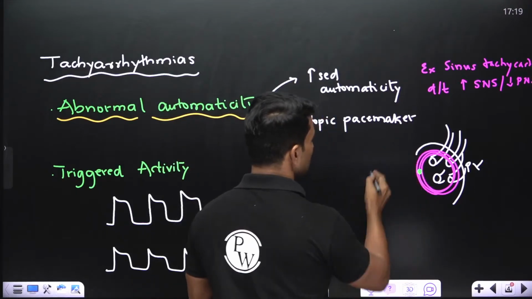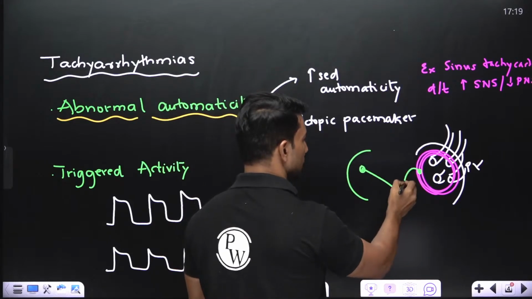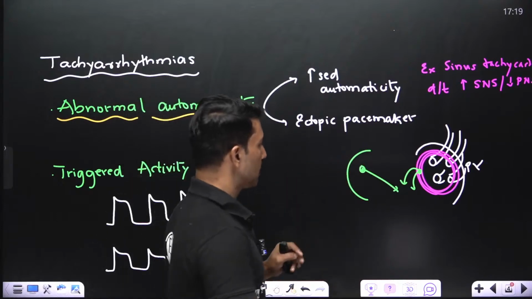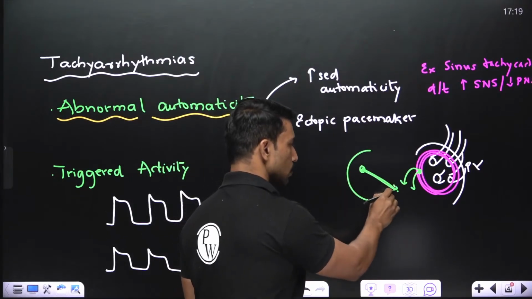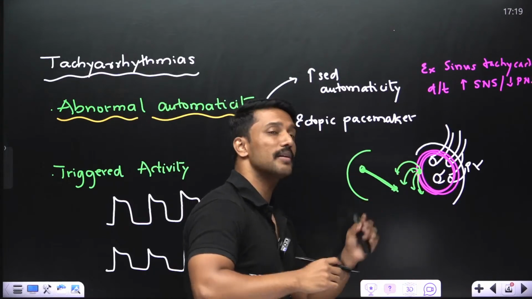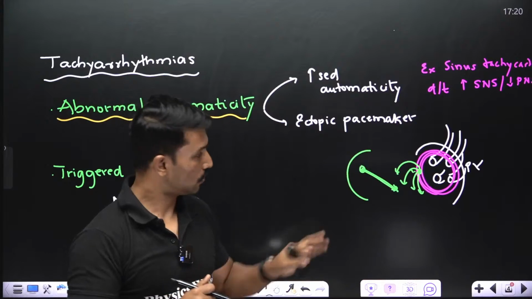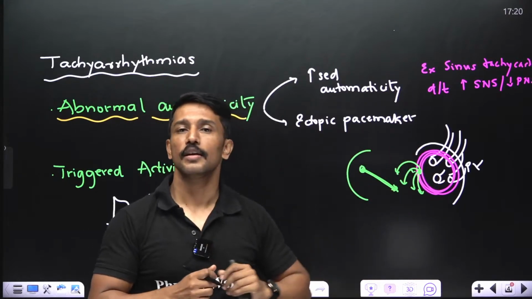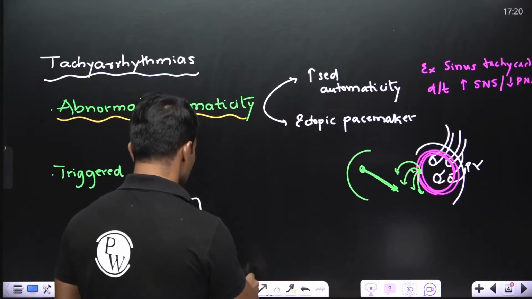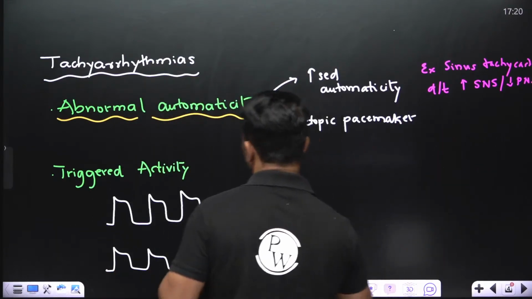So my SA node is sending the impulse for the regular rhythm, but there is also an ectopic focus which is sending additional impulses. So the atria will now be getting depolarized from the regular SA nodal pacemaker as well as this ectopic pacemaker, and its automaticity may be much higher than the normal SA node's 60 to 100. That is how I can end up with atrial fibrillation. I hope you're getting the point, right? So ectopic pacemaker is another mechanism where abnormal automaticity can be noticed.